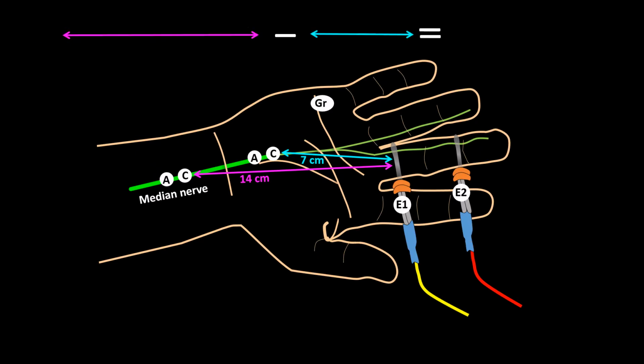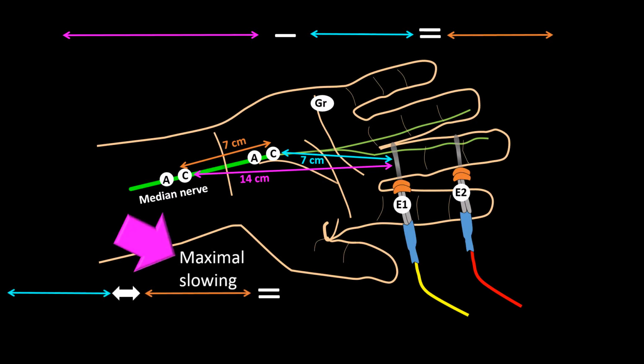Then the latency from the palm is subtracted from the latency obtained following wrist stimulation, the result represents the conduction across the carpal tunnel, as schematically depicted by the arrows in this frame. Both distances being equal, 7 centimeters, allows for comparison between them.